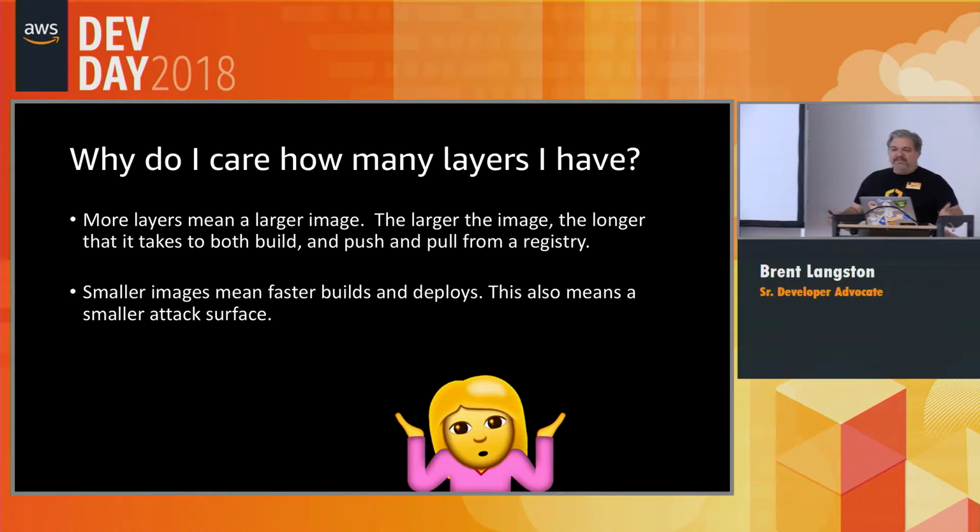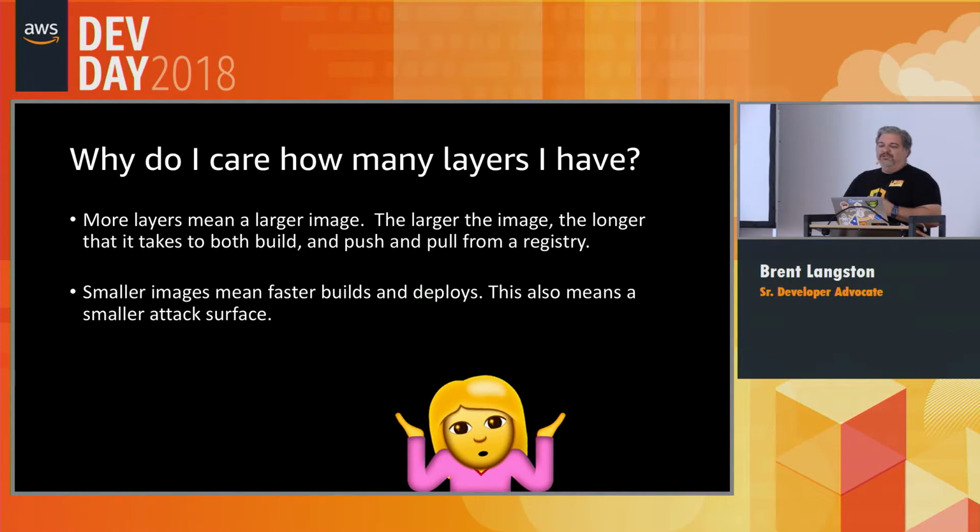So why does this matter? Why should you care? Because when you have more layers, there's a chance that your image is overly large. The larger the image, the more it takes to download. As you do deploys, these downloads add up. They cost bandwidth, they cost transit time, they cost deploy time.